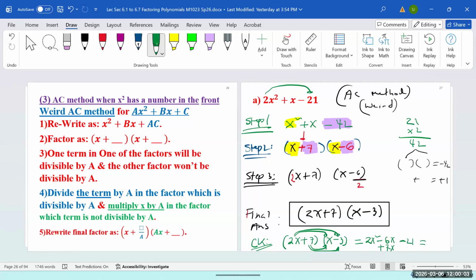If you combine negative 6x and positive 7x, we get 1x. So we have 2x squared plus 1x minus 21, which is the exact same thing that is given to us, 2x squared plus x minus 21. That means the two factors we got are correct.